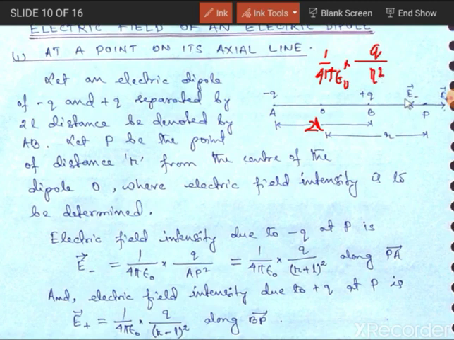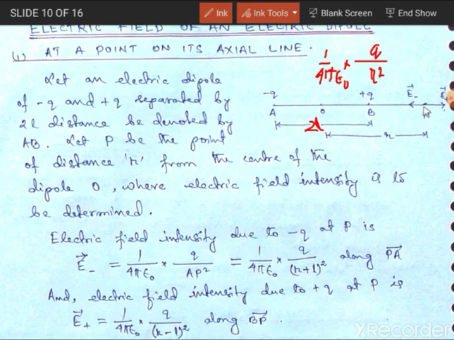Like this, no? So for us also here, due to this minus q charge at this point P, we have to assume that this is the only charge residing in the vicinity of this point P.